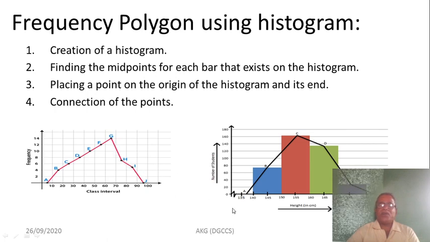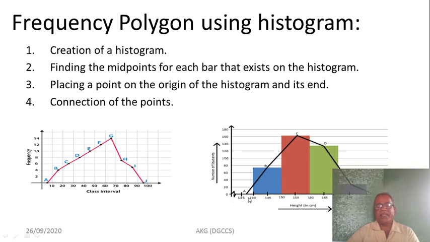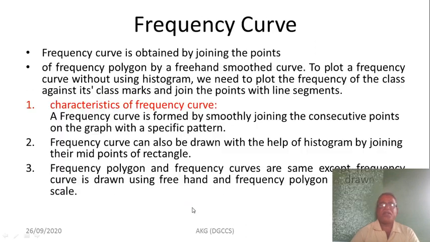But if you want to draw a frequency polygon using the histogram, the procedure is the same, but here we mark the midpoint at the top of each rectangle, and join these midpoints by a straight line, and extend the graph up to the x-axis for the previous midpoint and the next midpoint of the class. So this is the construction of the frequency polygon.